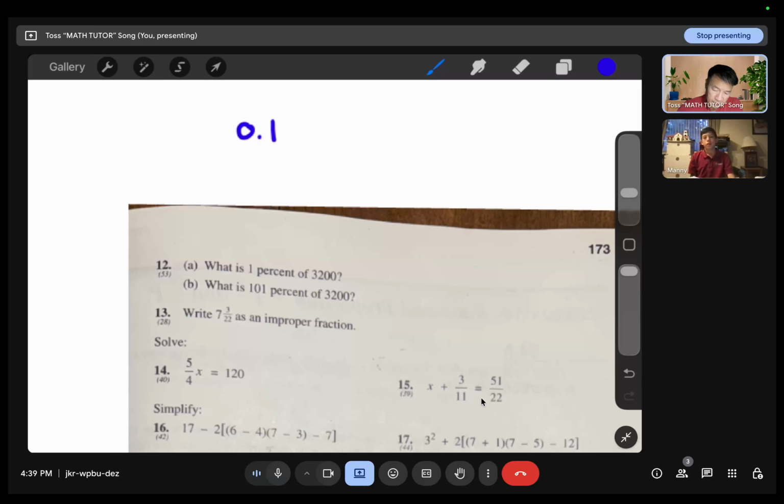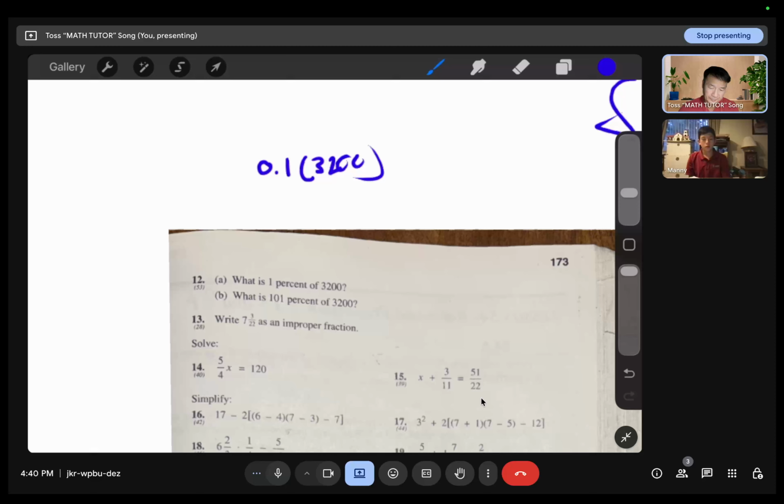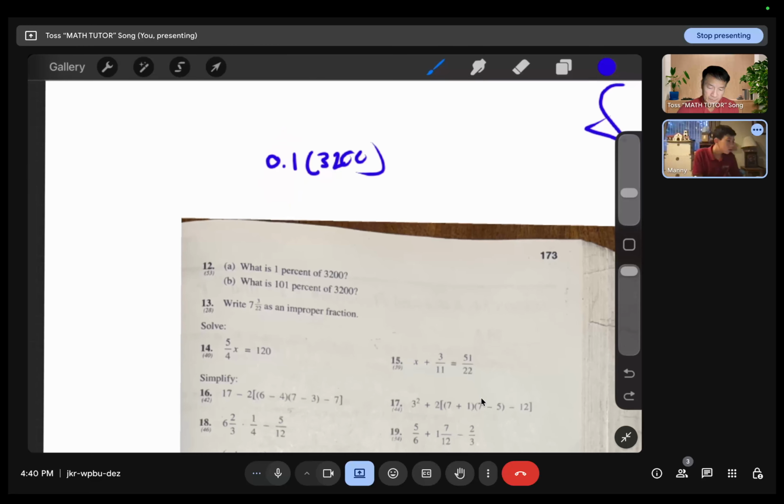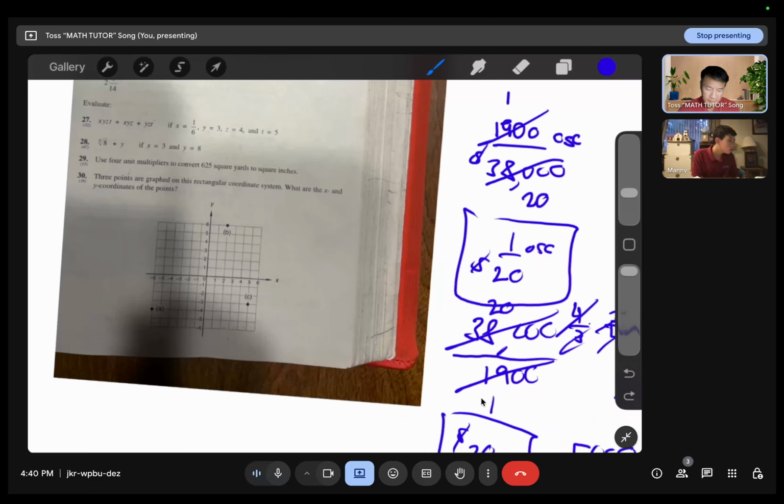Is that what you said? 0.1? Sure that's correct? Is this 1%? What was the difference between that and this one down here?